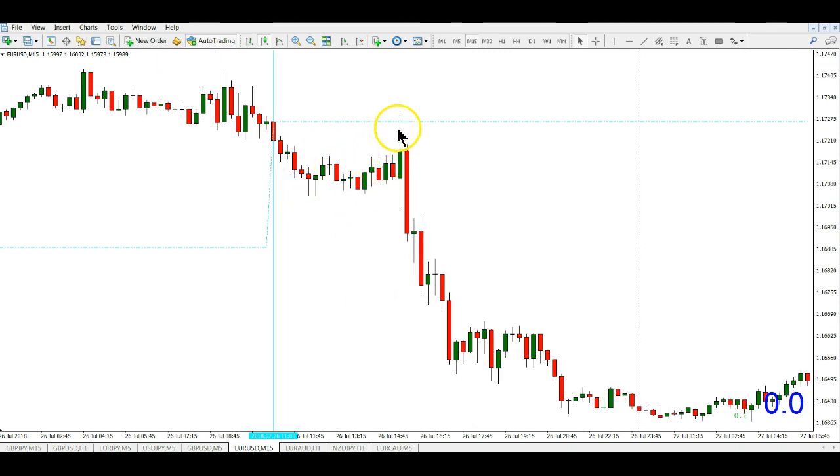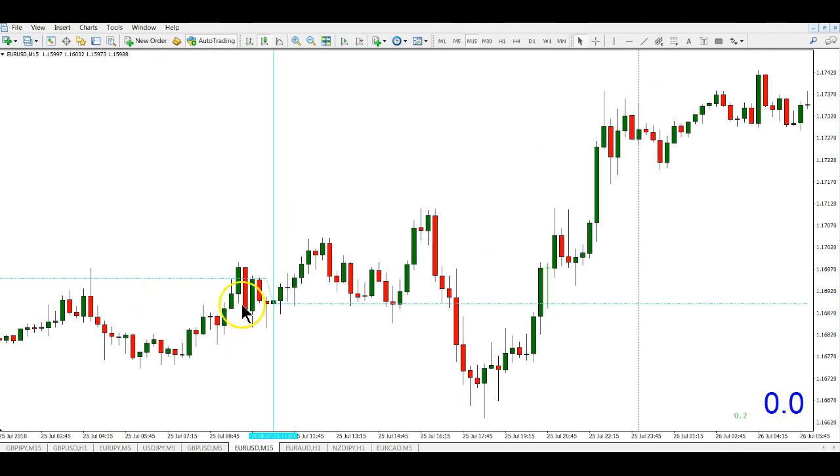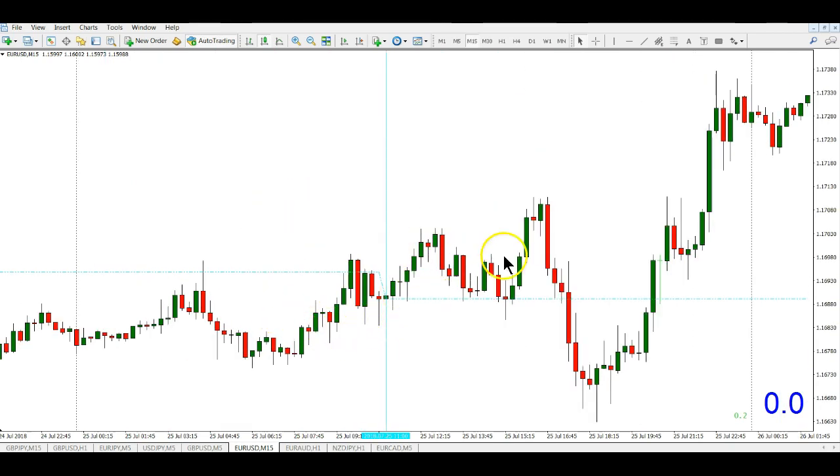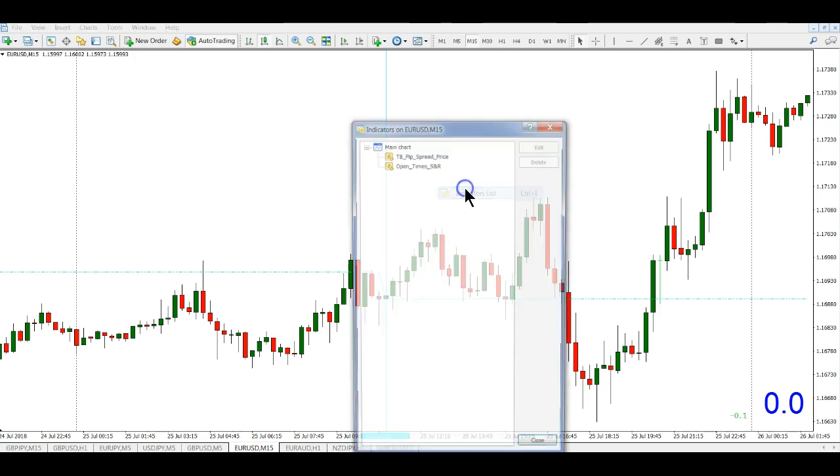And again, even this news candle here respected the 4 a.m. open. Okay, as you can see how the 4 a.m. reacts to it.